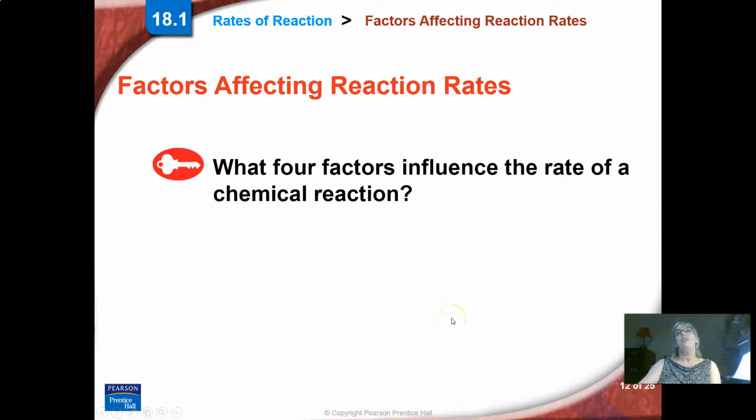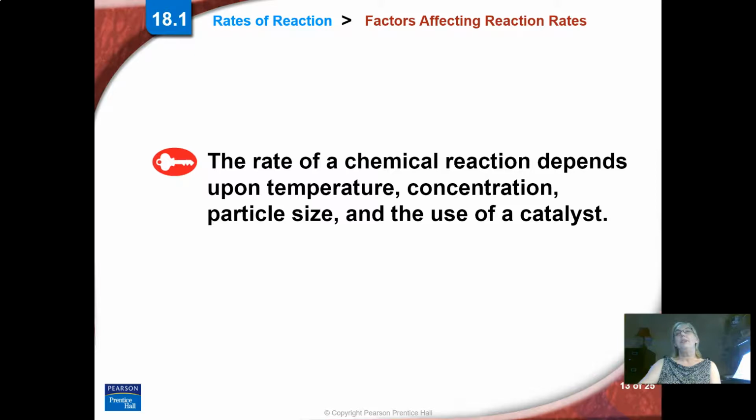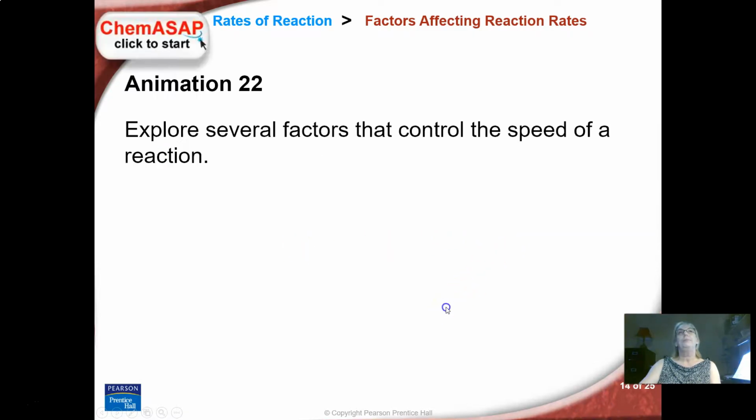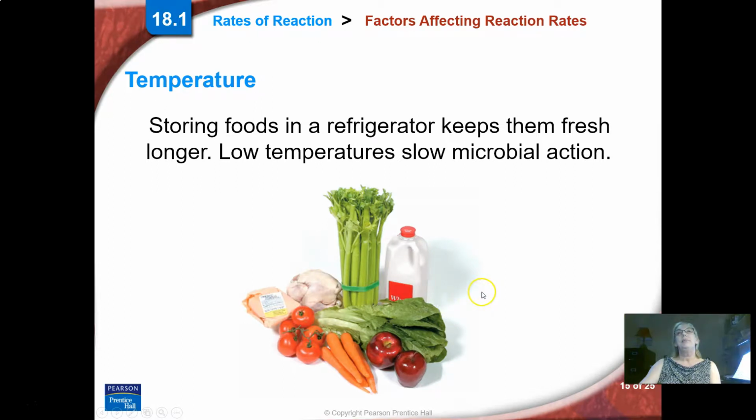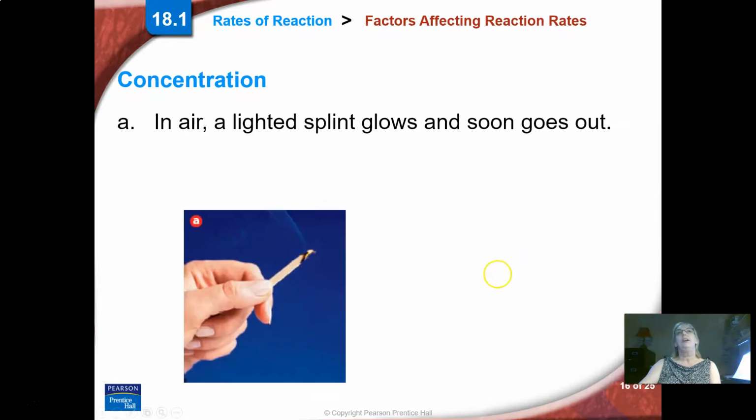What four factors are going to affect how fast we can have this happen? We have to look at temperature, concentration of reactants, particle size of the reactants, and whether we are going to use a catalyst or not. First one's temperature. This is why we store stuff at low temperatures in the fridge, because we can slow the chemical reactions caused by microbes that ruin the food. We can look at concentration here. If we have this glowing piece of wood in regular air, it looks like that.